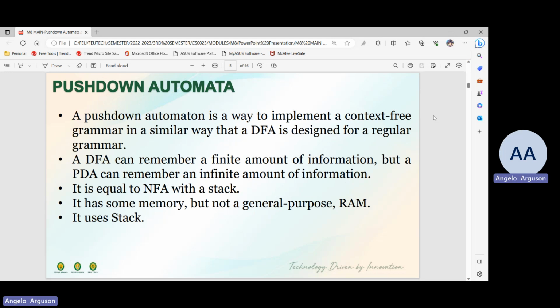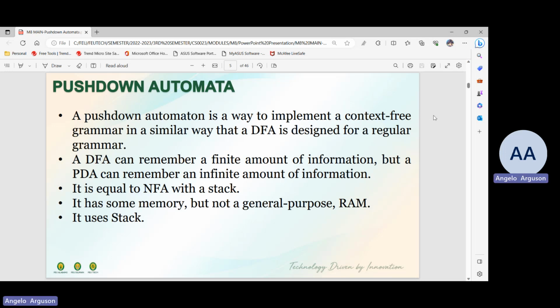Let's start with the pushdown automata, the core topic of today's meeting. Pushdown automata is a way to implement a CFG in the same way we design DFA for a regular grammar. A DFA can remember a finite amount of information, but a PDA can remember an infinite amount of information.